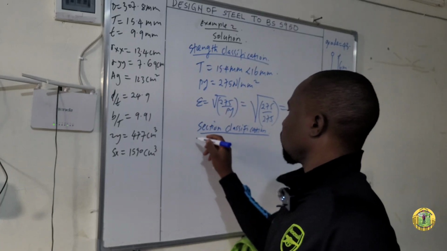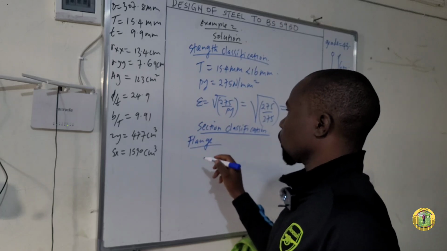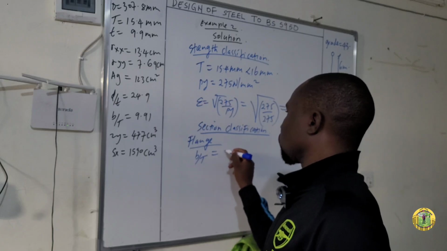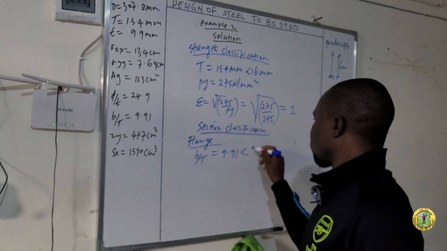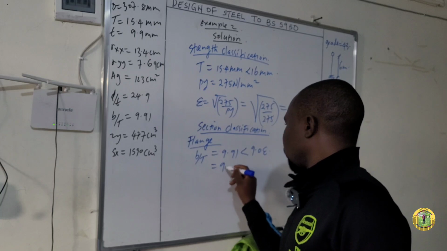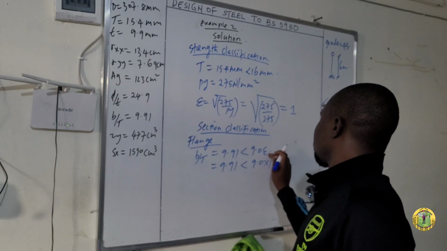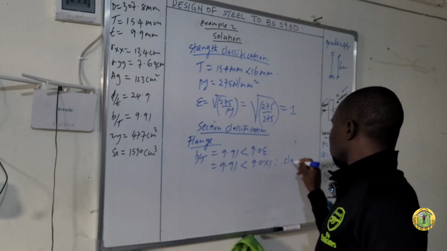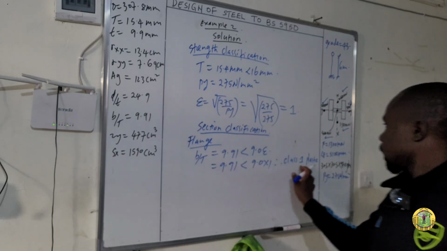We begin with the flange. For the flange, we use the ratio B over T, which is equal to 9.91, and this is less than 9.0 epsilon. So it is true, 9.91 is less than 9.0 times 1, because the value of epsilon is 1. Therefore, the flange is class 1 plastic.